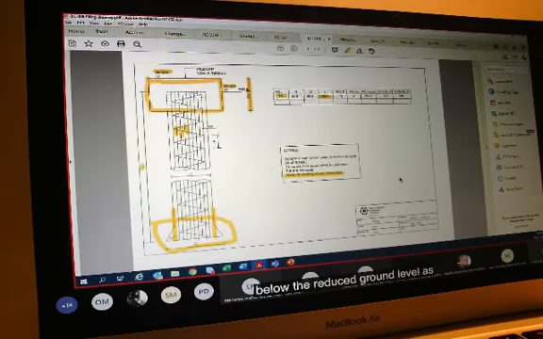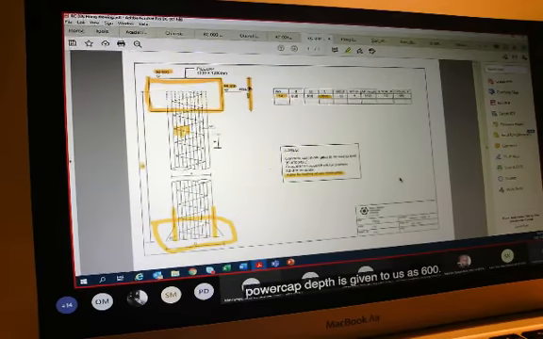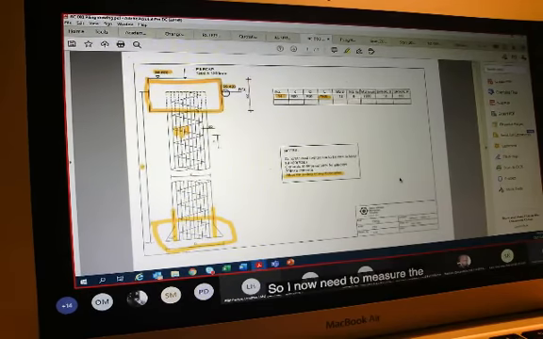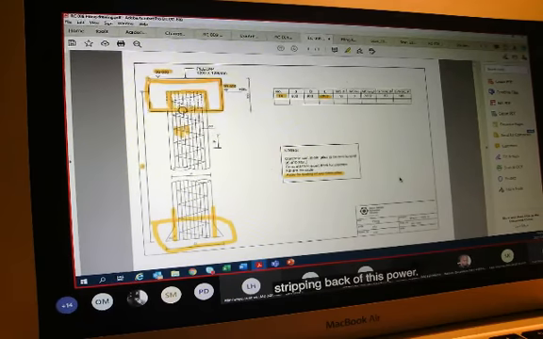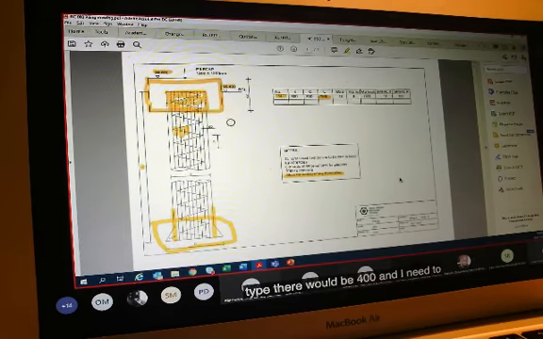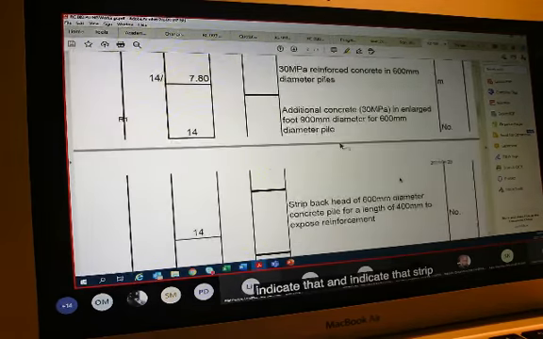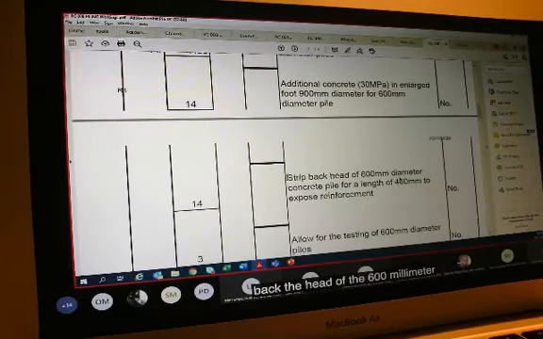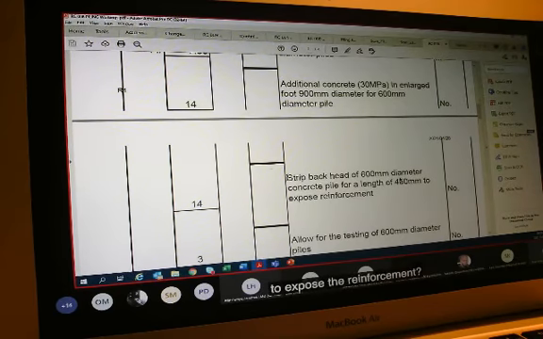If you look at the different levels, 99,600 versus 99,400, it tells me that this pile cap is placed 400 millimeters below the reduced ground level, as pile cap depth is given to us as 600. So I now need to measure the stripping back of this pile. That height there would be 400. And I now need to indicate that.